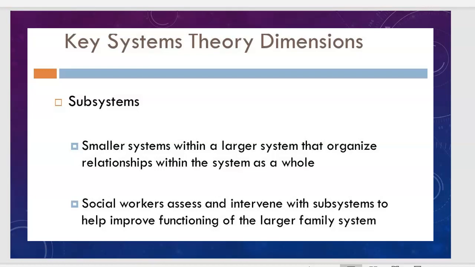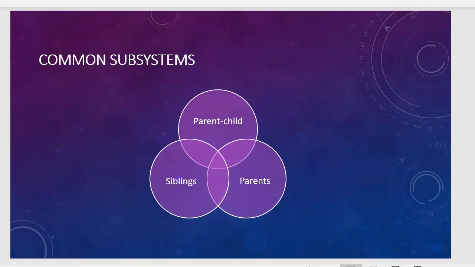As social workers, we assess and intervene with family subsystems in order to help improve the functioning of the larger family system. So examples of common family subsystems are the subsystem of the parent and child, the subsystem of siblings, and the parents or partners as a subsystem.